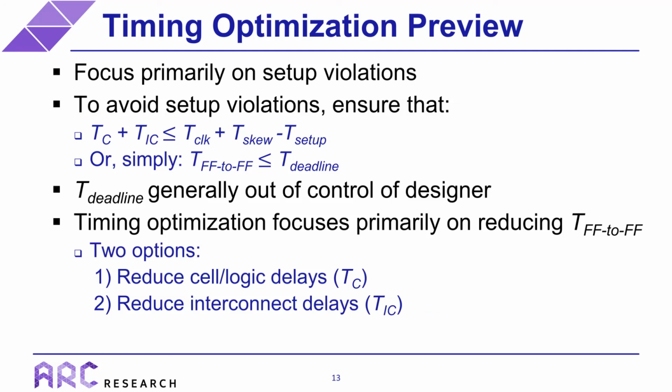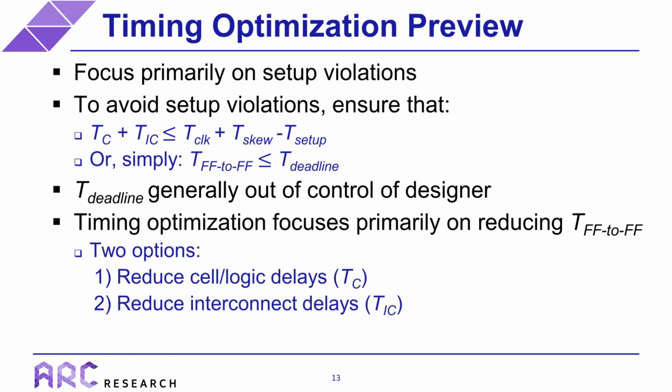Now, if that confuses you at all, it is much easier to just remember that our goal is to make sure that the delay between flip-flops is less than the deadline. No matter how complex our analysis gets, this will always be the goal.